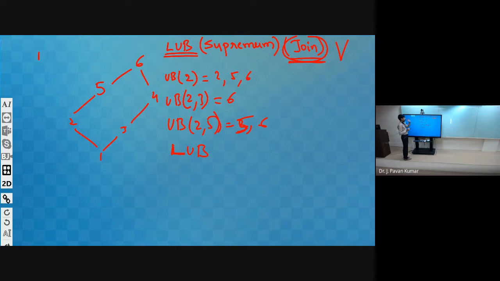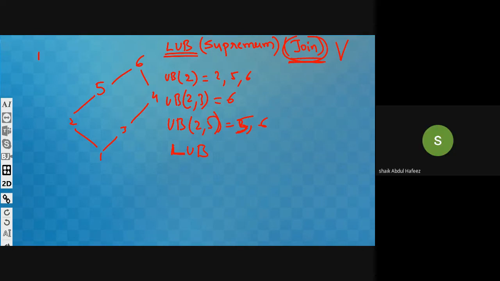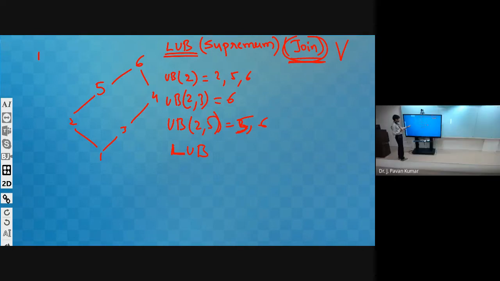Upper bound itself is 6, so the least upper bound will also be 6 only. Next, what is the least upper bound of 1 and 2? 2. Why? Because the upper bounds of 1 and 2 are 2, 5, 6, but the least one is 2, so that we consider as the supremum or join.